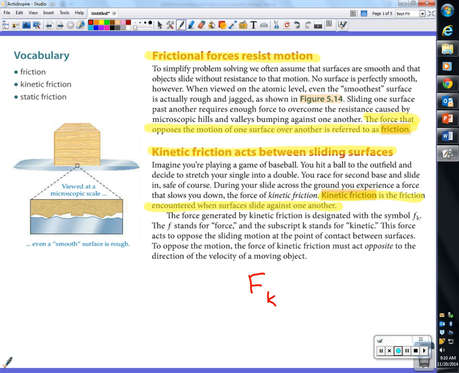So even on surfaces that may appear to be very smooth, when you look at it down low, those inconsistencies and irregularities, especially when they interact with the inconsistencies and irregularities of the other surface, that's where that frictional force comes from. Okay? Good there.